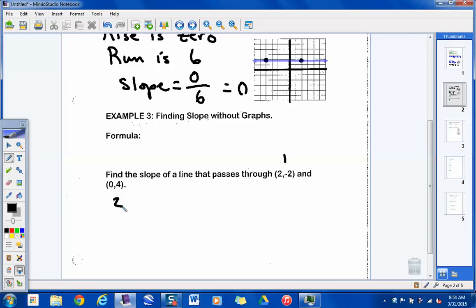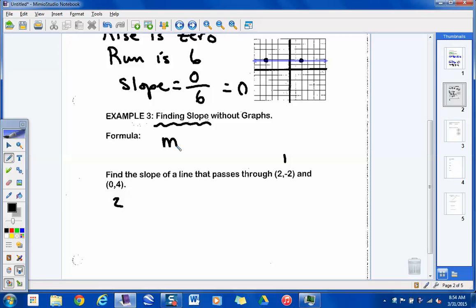Now, I'm going to put a formula up here. And this formula is going to look kind of goofy. But I think if you listen to what I say here, you're going to understand what it says. It says finding what, guys? Find slopes without graphs. For whatever reason, they use the variable m to represent slope. So when you see an m anywhere in this section, it's going to represent my slope.